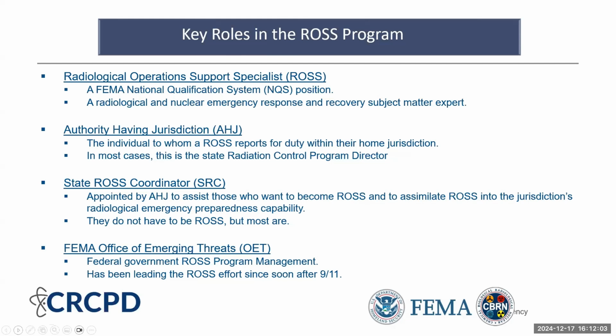The AHJ is a person who is able to say, yep, you should be able to work as a type 3-2-1 ROS in this jurisdiction. Usually we're working at the state level jurisdiction, so it's often the radiation control program director for the state.